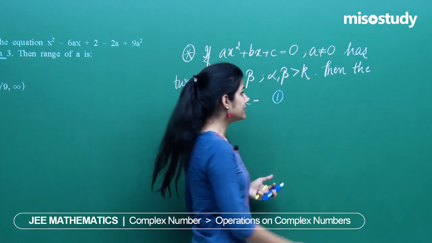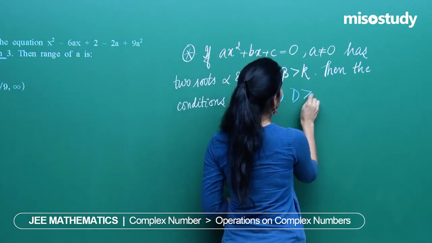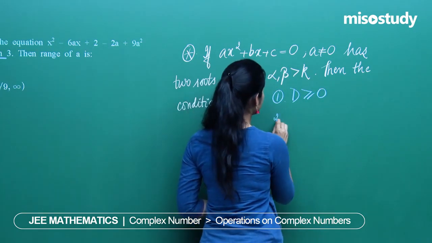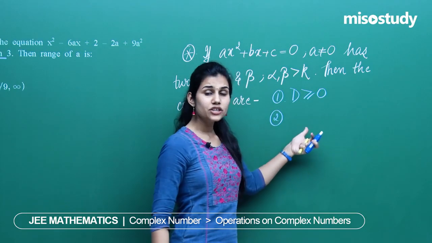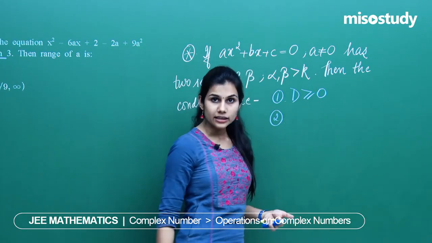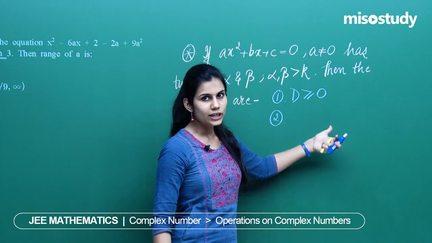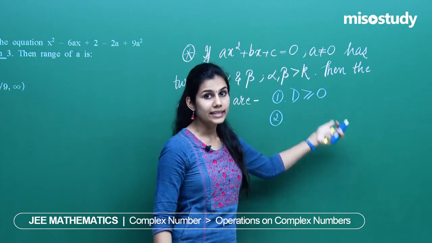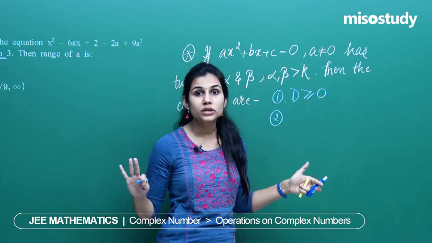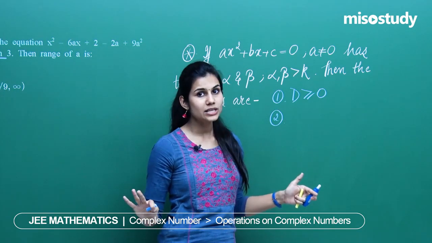Fine. What are the conditions? First thing is that the discriminant should be non-negative. We know that. Now why should the discriminant be non-negative? Because either both the roots are real and unequal, or both the roots are real and equal. But if the discriminant is less than 0, that means there are no two real roots, and that is not the case which is happening over here.